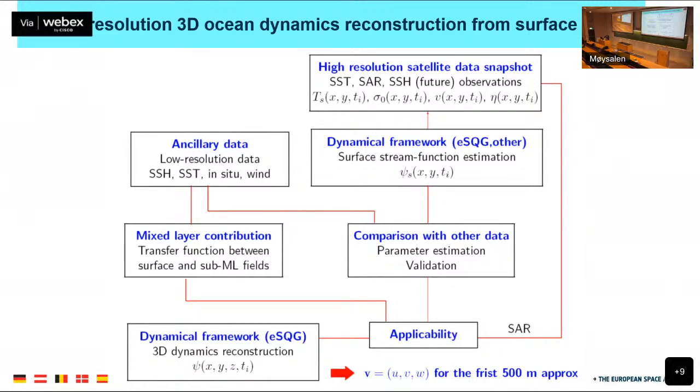What is a model? What can the model do here, and what can the satellite do, and how can we combine to improve? And the synthetic aperture radar will be a key instrument in this kind of approach.